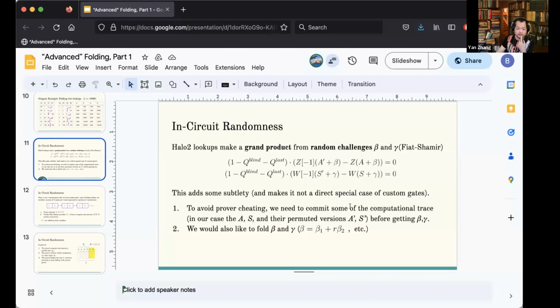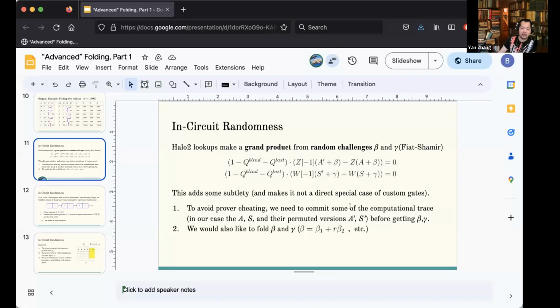So to avoid the prover cheating before getting the beta and gamma, you really need the prover to commit the work they have done so far before getting beta and gamma. It's not like we have a specific attack in mind, but it's kosher to commit the information right before you do the next step of calculation with it.